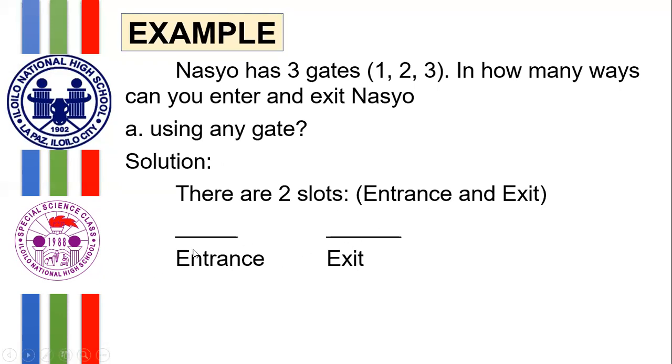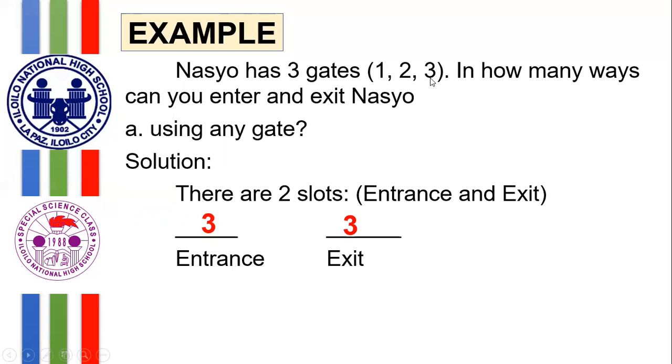In the slot for entrance, they could enter in 3 ways. Why 3 ways? Because they could enter in gates 1, 2, or 3. And remember, according to the problem, they could exit anywhere they like. So they could also exit in either gate 1, 2, or 3.